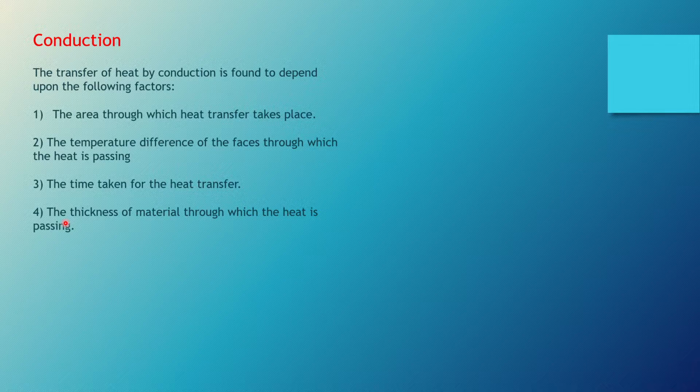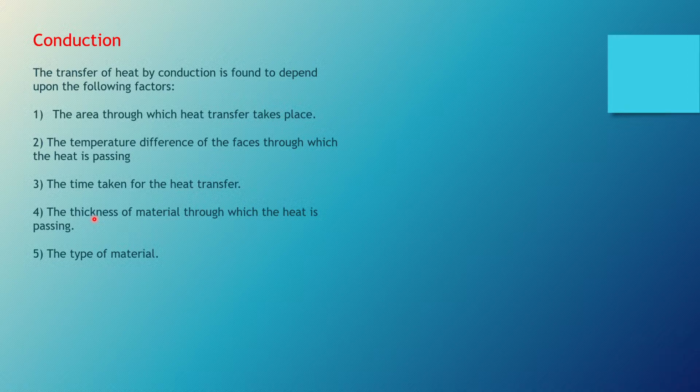Remember, the thicker the material, the time taken for the heat to pass through the wall will be longer. The thinner the material, the heat passing through the wall will be shorter. So that means that heat transfer by conduction is inversely proportional to the thickness of the material.